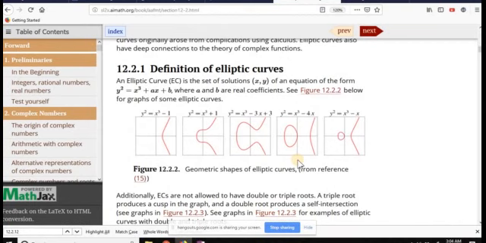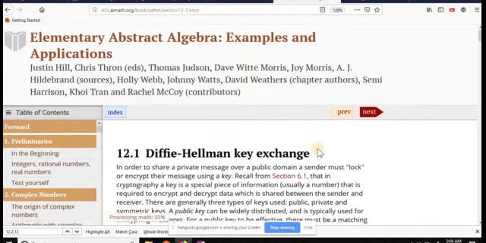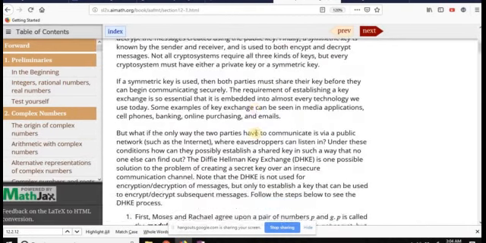It seems that right at this point you might wonder, what do elliptic curves have to do with cryptography? I was actually very curious about it. Well, let's go back here and I can kind of get you a relation.